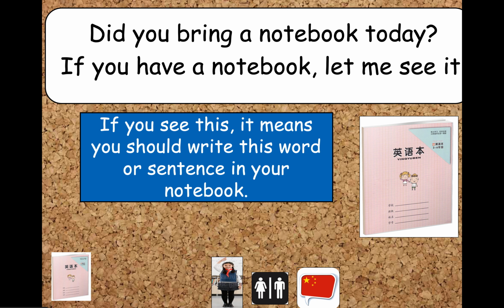So if 5 boys don't have their notebook, they lose 5 points. Or if 5 girls don't have their notebook, they lose 5 points. So this is good incentive for them to bring their notebook and for them to just be prepared for class. Now, if they see this icon during the PPT, during the class on the PPT in the left corner, it means they should write down whatever I'm teaching them. So all the vocab and sentences and stuff will have this icon.